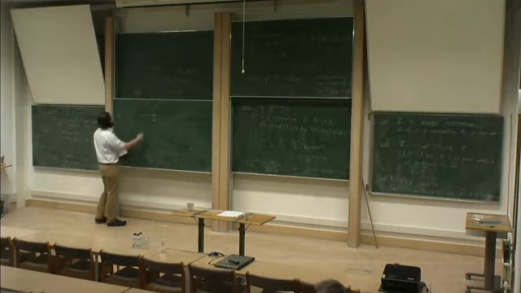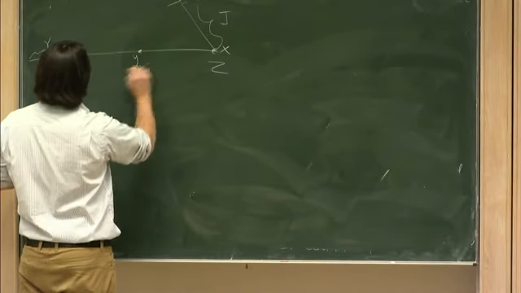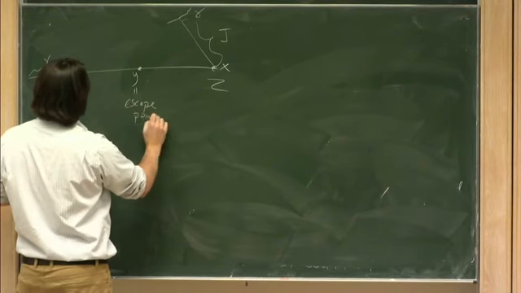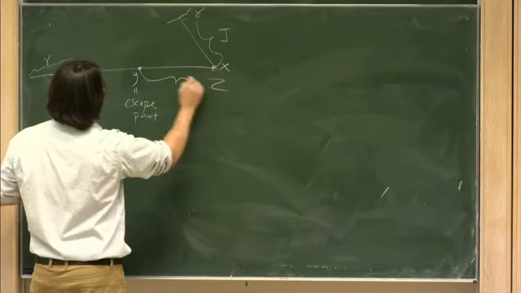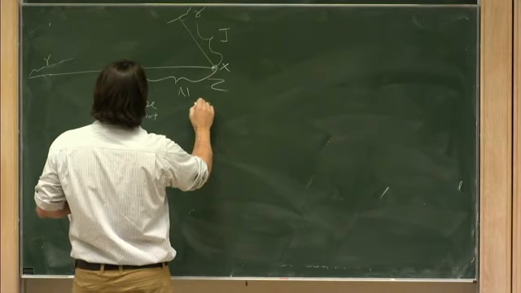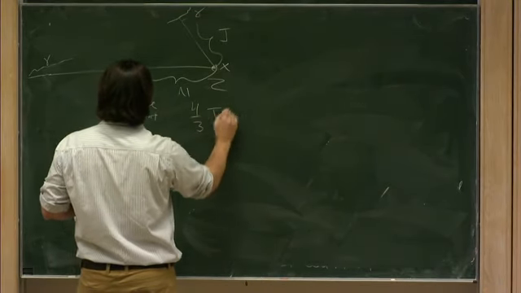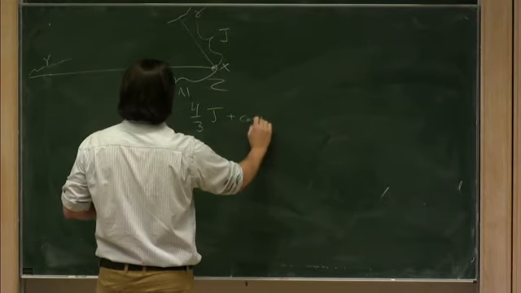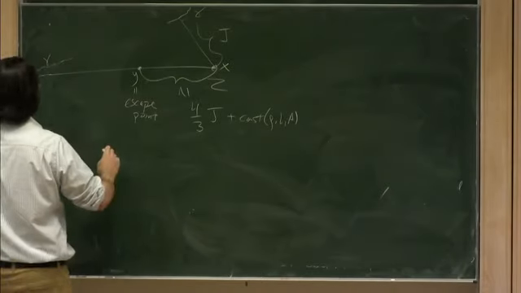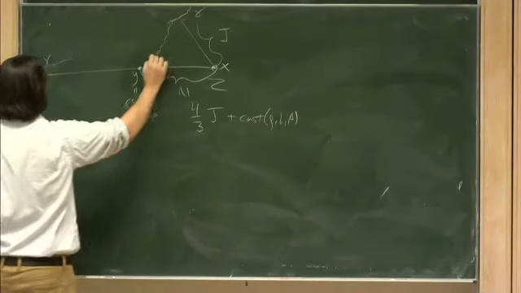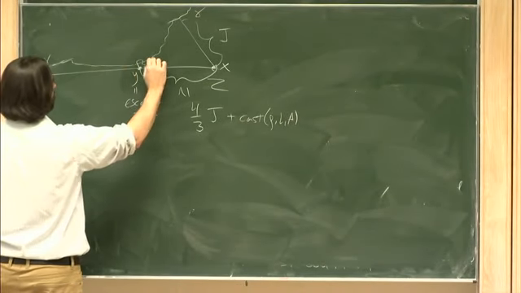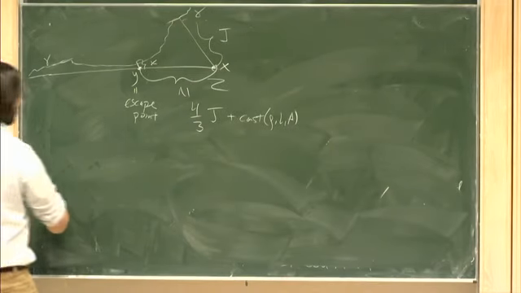Then there's an explicit bound on where the escape point was: this distance is less than or equal to 4/3 j plus some constant depending on rho, L and A. So what gamma has to do is something like this, where this distance is kappa. It can't do this.